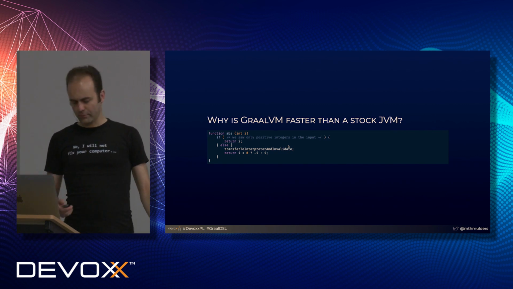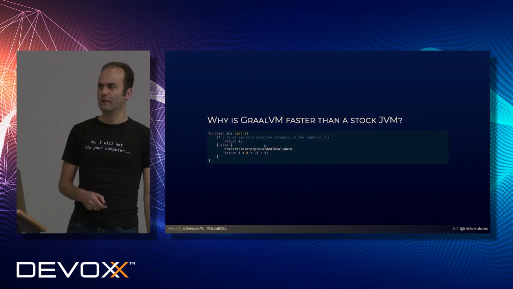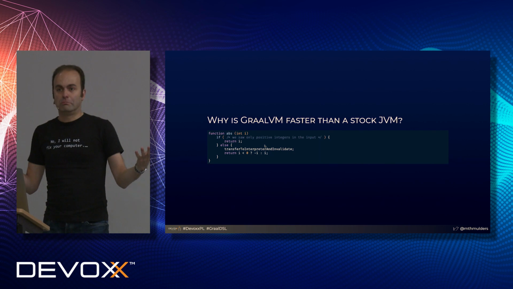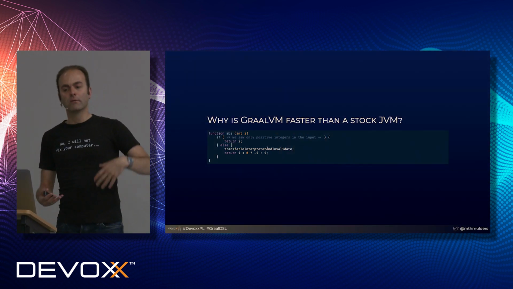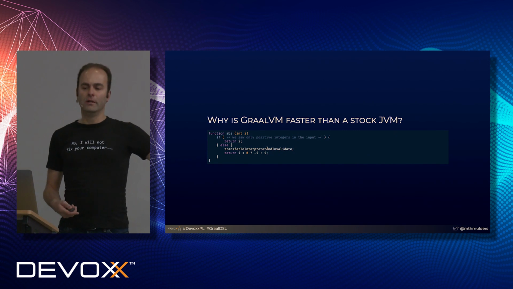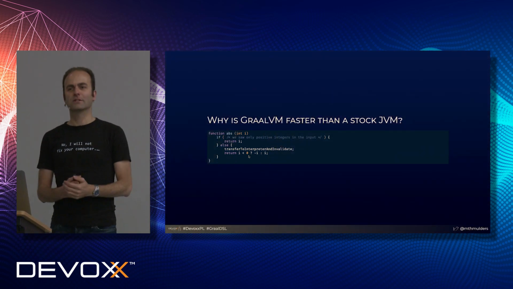Now, a stock JVM does not know about these semantics, transfer to interpreter and invalidate. It will just, well, assume that it finally needs to run these instructions as well. Whereas the GraalVM compiler knows what this means. And it also knows that these instructions will not be executed anymore.